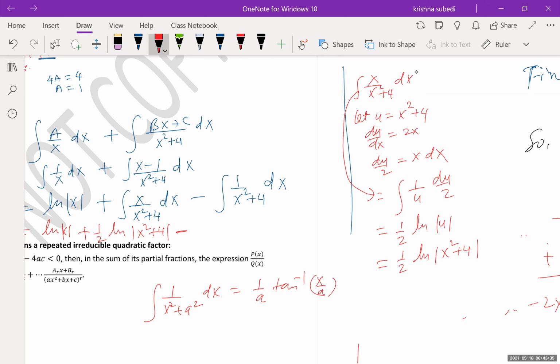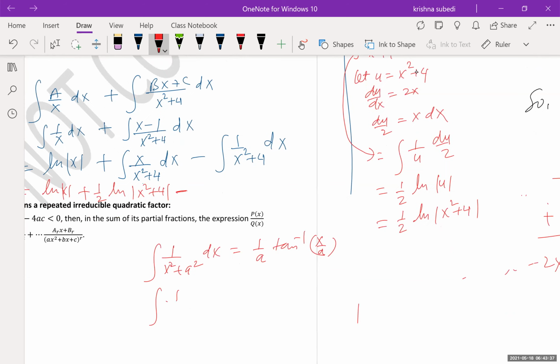So if I ask you 1 over x squared plus 2 squared dx, because 4 means 2 squared, this is pretty easy. So a means 2, substitute: 1 over 2 tan inverse x over 2. Let me copy that down here. So that's going to be negative half tan inverse x divided by 2 plus c. That is your answer.